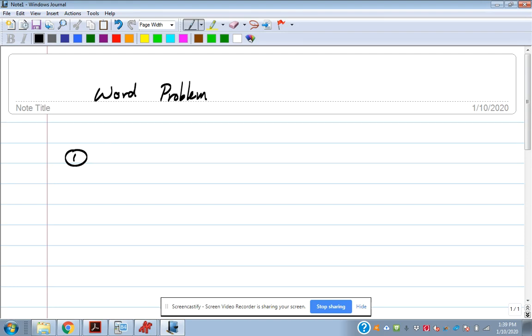When you're setting up equations to solve word problems, one of the important things to do is to define your variable and know what it means. So we're going to write a statement that tells us what the variable is and what it stands for. The first one says the product of 7 and a number increased by 3 is equal to twice the number subtracted from 39.